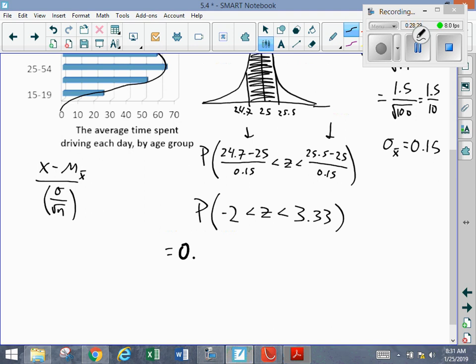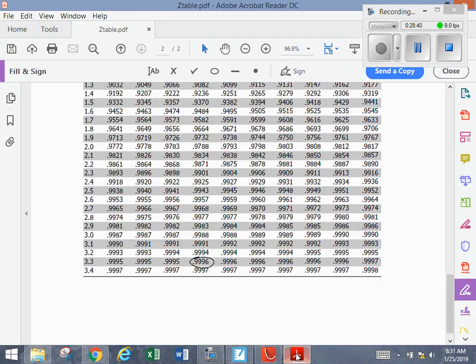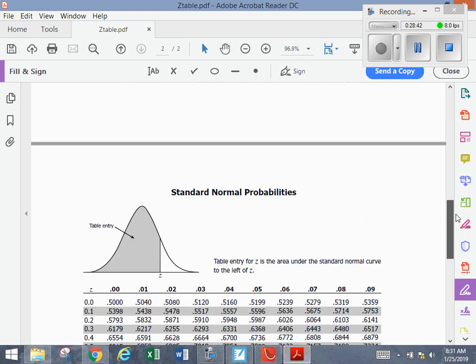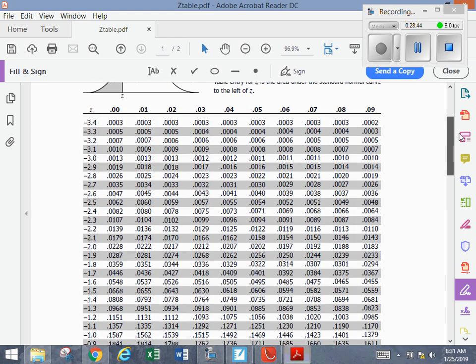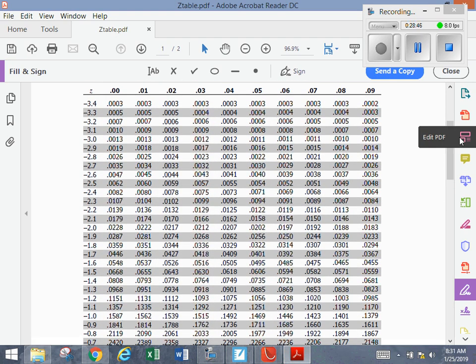So 0.9996 minus, and now we'll find an area for negative 2. Negative 2 is all the way up here somewhere, and it's just straight up negative 2.